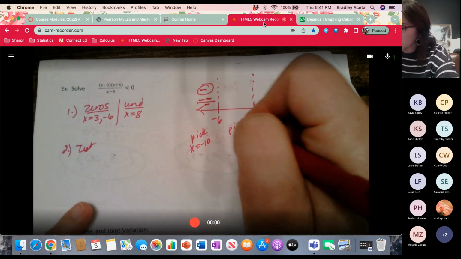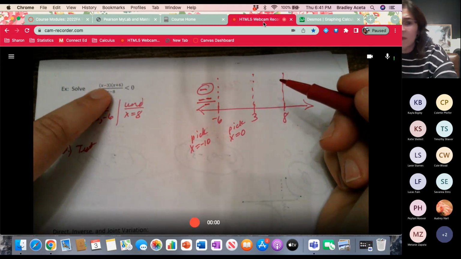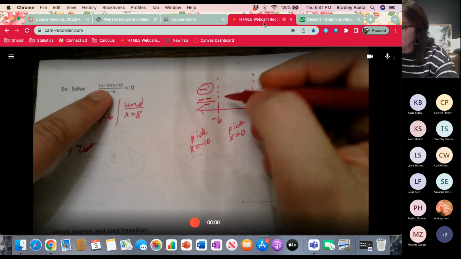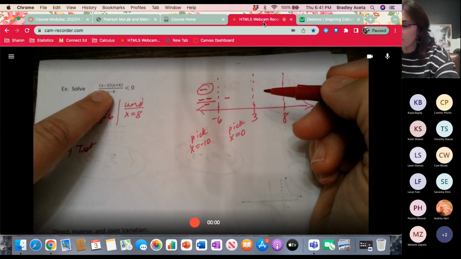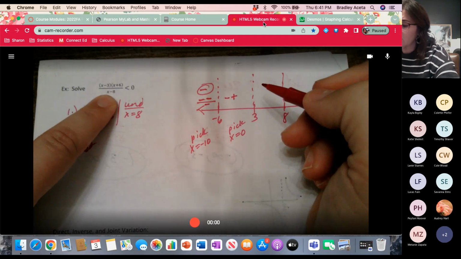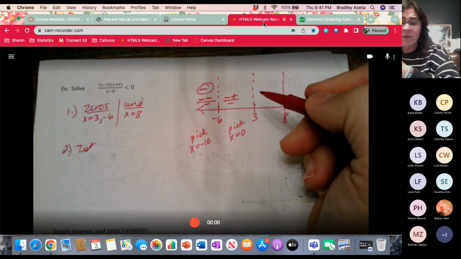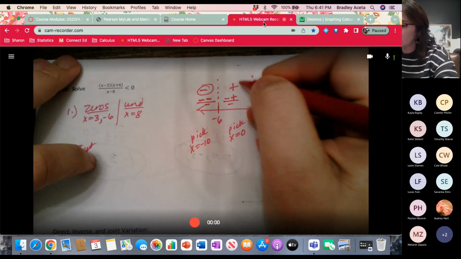Let's pick another one in this zone. Let's pick x to be 0. If I plug 0 into that factor, I would get a negative. If I plug 0 here, positive. 0 down here, negative. 2 negatives, whether you're multiplying or dividing, become positive.